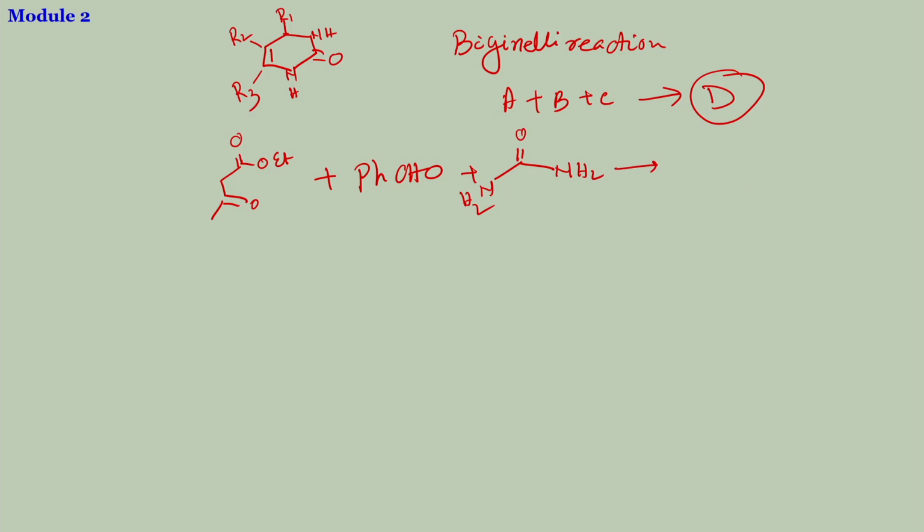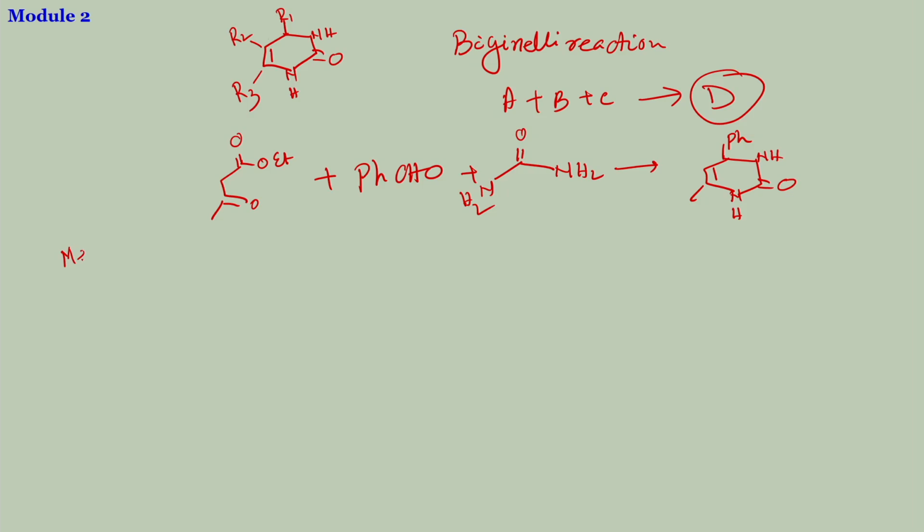then your final product would be NH. Here would be the phenyl, NHCO. This would be your final compound. Now, how would you get down here? The mechanism of this reaction goes like this.